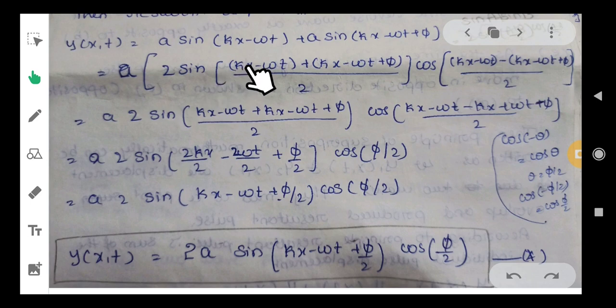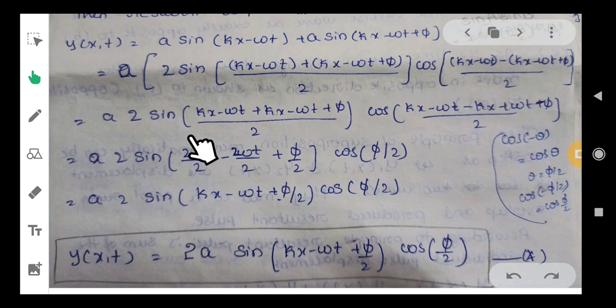Next, simplify. Kx as it is, minus omega t as it is, multiplied by the plus sign means it is also the same: kx - omega t + psi. Next, cos of kx - omega t as it is, multiplied by minus of kx: minus into minus is plus omega t, minus into plus is minus xi.